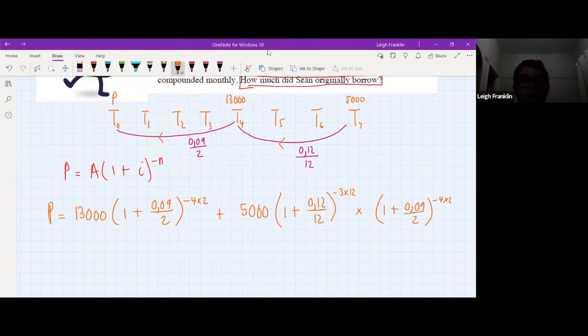The reason it has a negative exponent is because it would be in the denominator. Does that make sense to everybody?